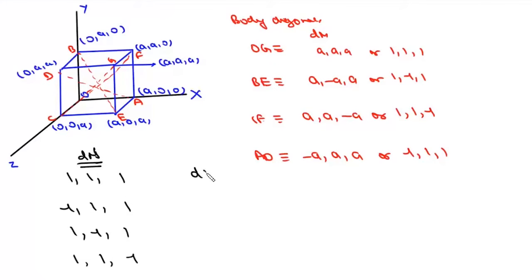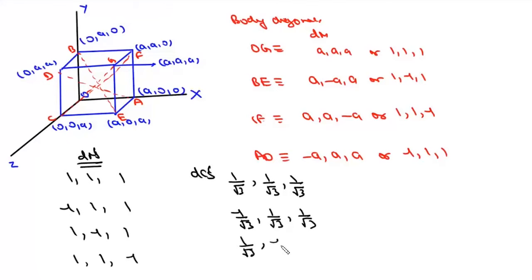And if we have to write their direction cosines, then we have to divide everything by their magnitude, and the magnitude in each case is simply √3. So direction cosines will be 1 by √3, 1 by √3, 1 by √3; -1 by √3, 1 by √3, 1 by √3; 1 by √3, -1 by √3, 1 by √3; and finally 1 by √3, 1 by √3, -1 by √3.